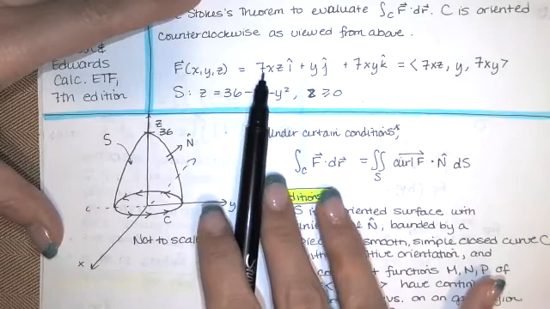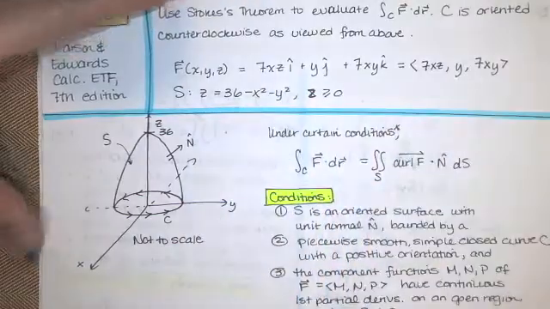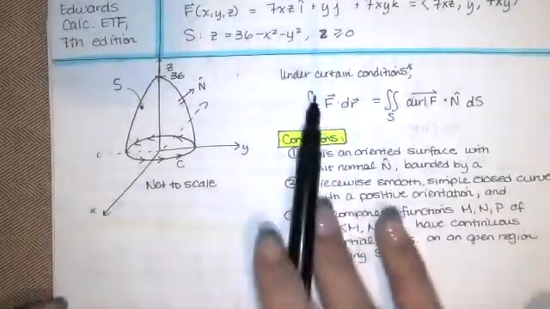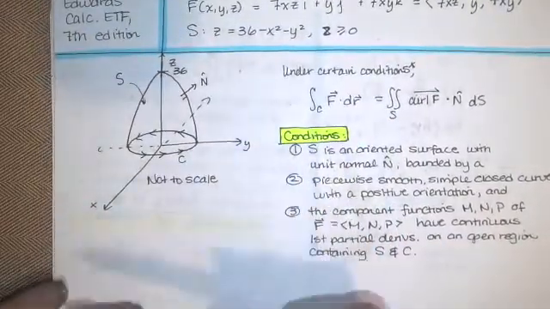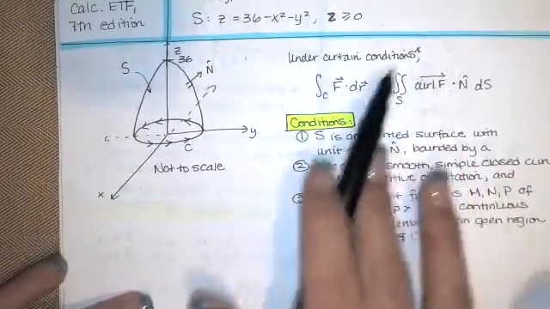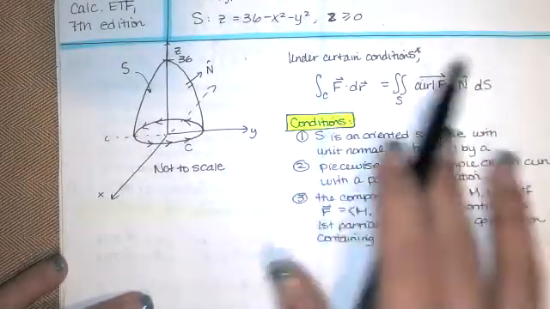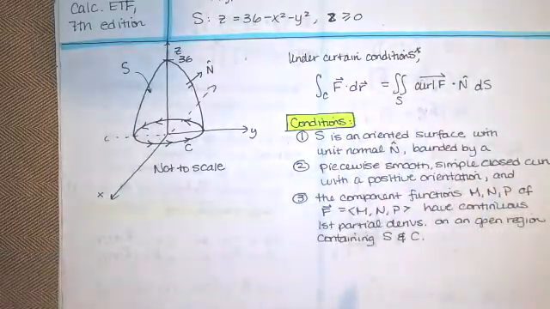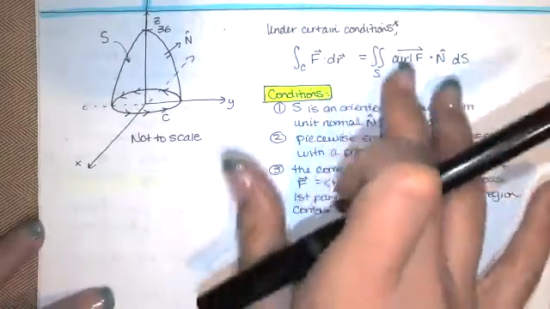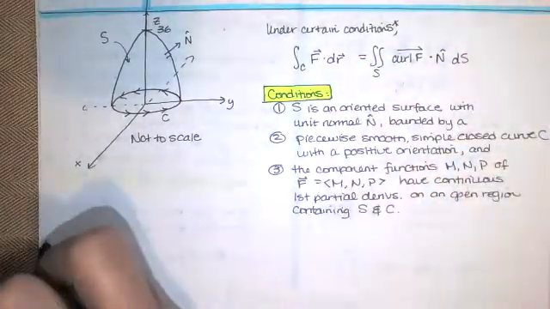So that might be a little bit involved, writing that field in terms of T and then taking that dot product, but it might not be that bad. But the problem statement says evaluate this using Stokes' theorem. So we will evaluate this. And if it doesn't take too long, I might evaluate this one as well, just to see that we get the same result.